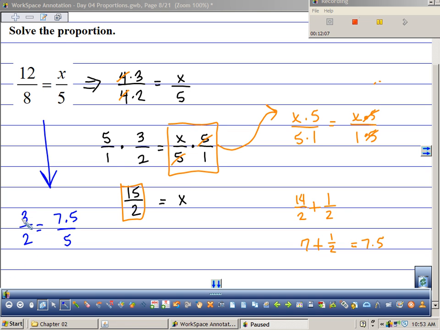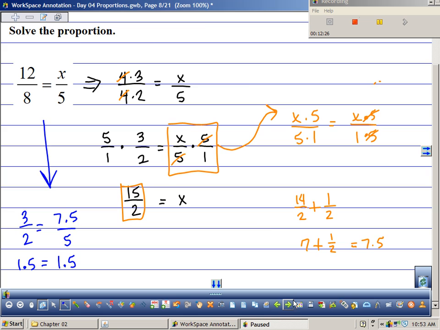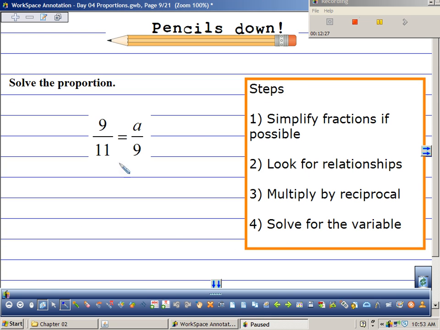Think of it the same way: 2 halves and 1 half. 1 1/2. If I put 7.5 divided by 5 in a calculator, I get 1.5. So we'll check out. You don't have to do checks on your homework. I was just showing that for right now. Okay? Let's move on.